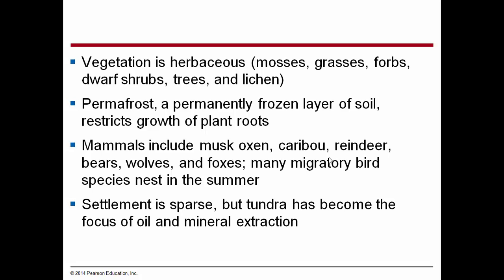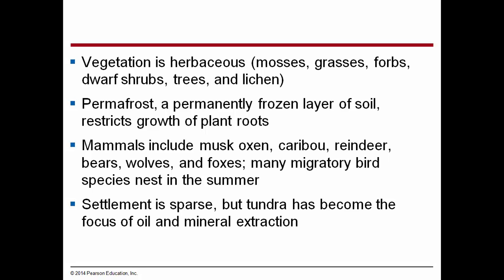Permafrost is a permanently frozen layer of soil that restricts the growth of plant roots. Mammals include musk oxen, caribou, reindeer, wolves, bears, and foxes. Many migratory species nest in the summer. The tundra region is a big area for migratory birds.